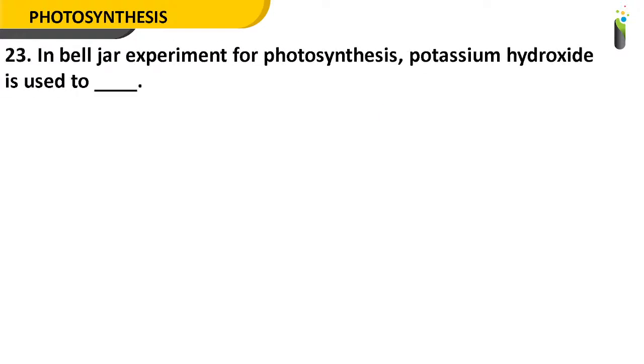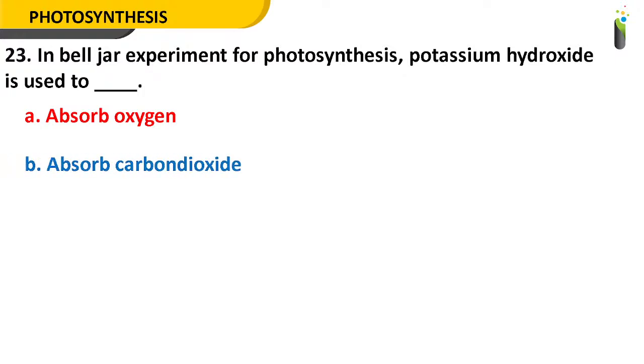Question number 23. In bell jar experiment for photosynthesis, potassium hydroxide is used to dash. A. Absorb oxygen. B. Absorb carbon dioxide. C. Release water. D. Absorb sunlight.